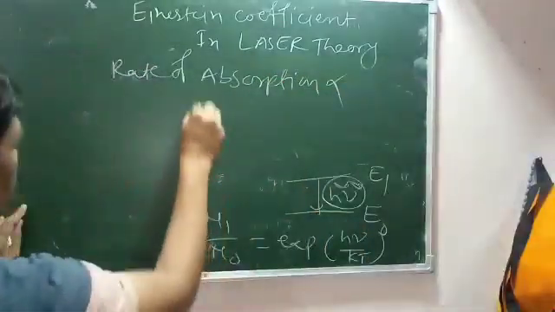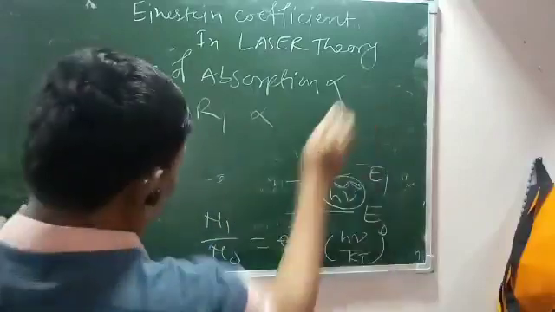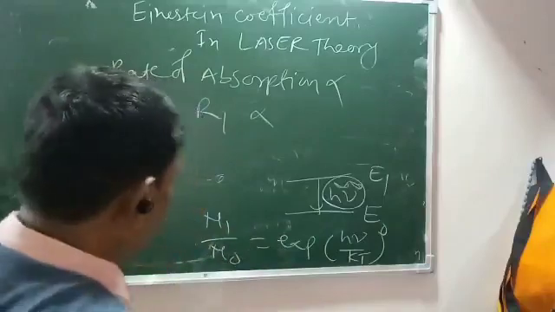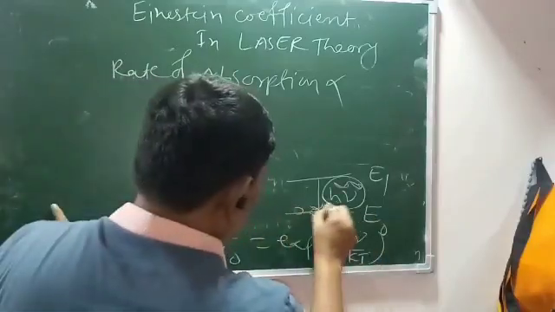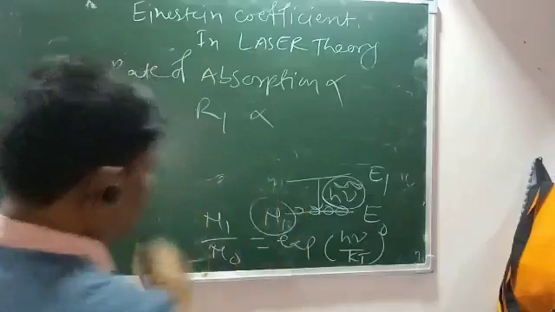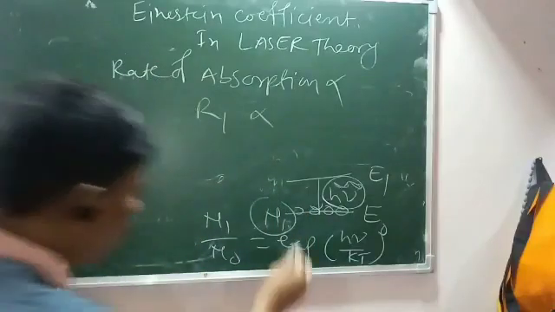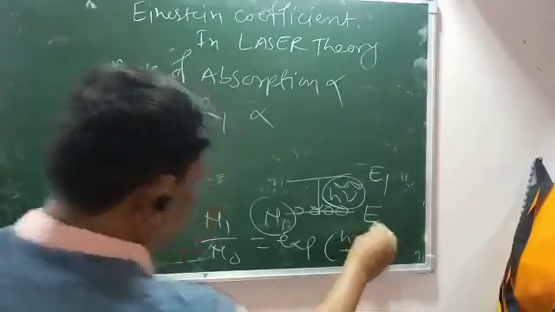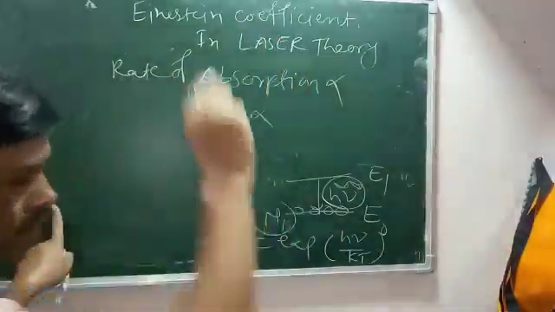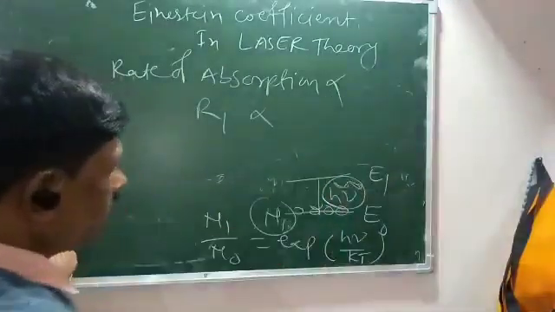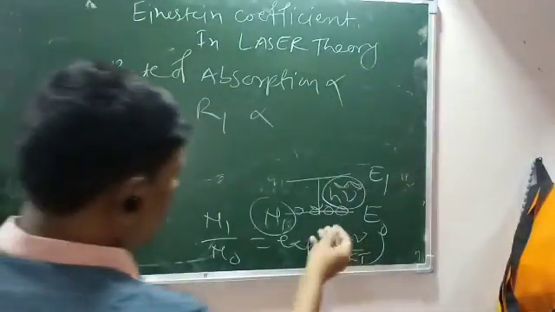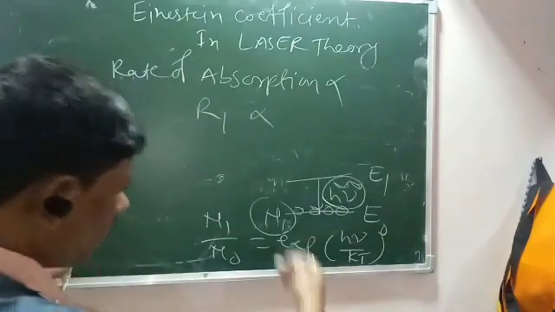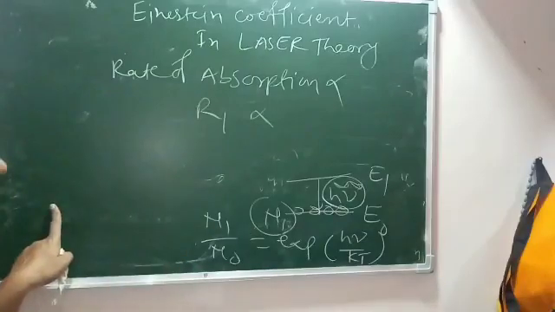which is indicated as R1, which is proportional to the number of particles existing in the ground state. Which particles can be absorbed? N1 particles. Those particles which belong to the ground state can possibly absorb energy from the external environment and go to upward energy levels. So the upward transition is made when the particle gains some energy from the external environment.